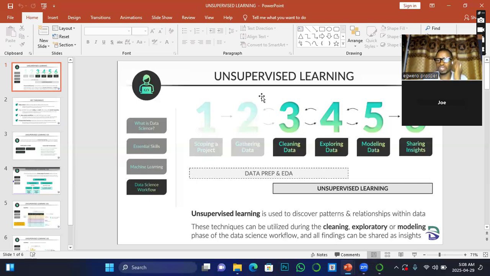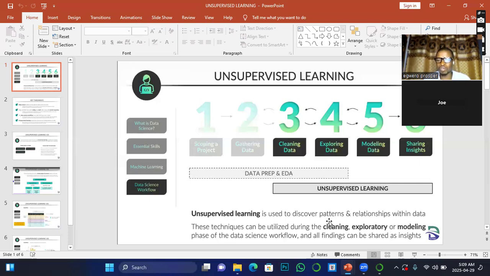And don't forget, I also said that we spend 80% of our time perfecting our data in machine learning. Then we just spend 20% because once we have perfected the data, the model will be the one to do the analytics. And that is why we are learning these different models and how to design them. But the focus of the unsupervised, like I've highlighted here, is on discovering patterns and relationships within the data.